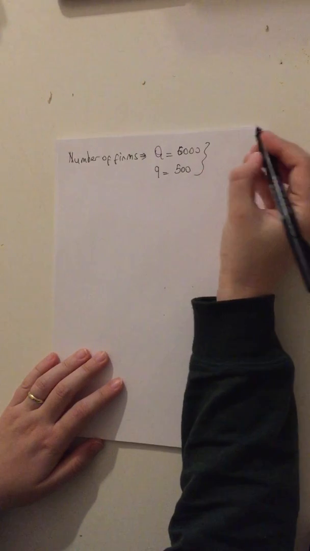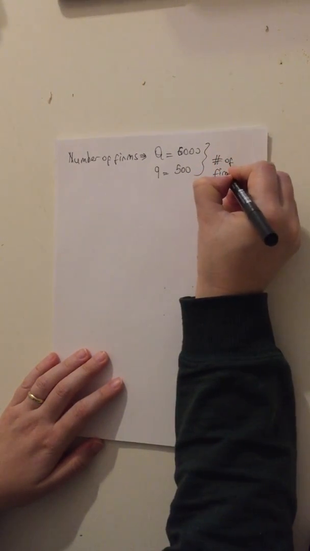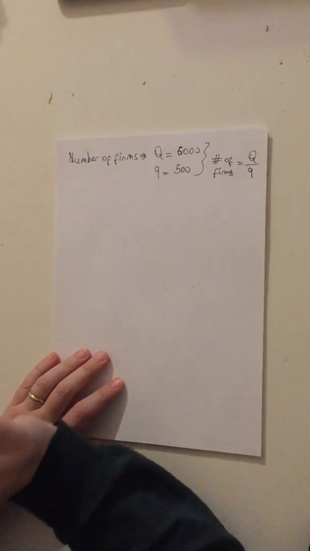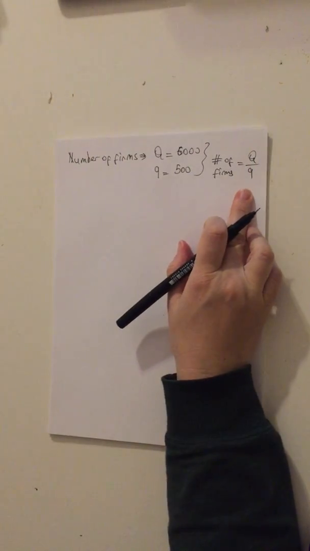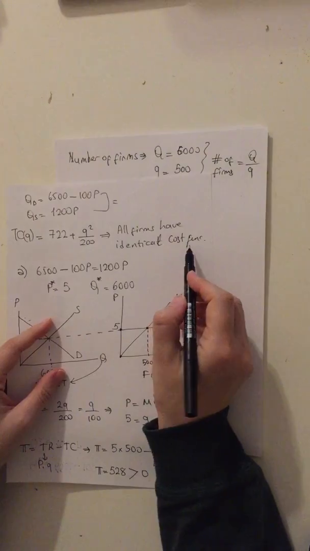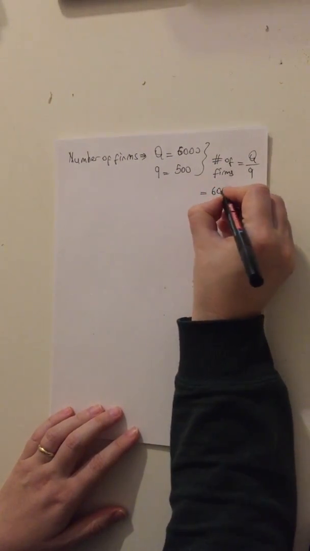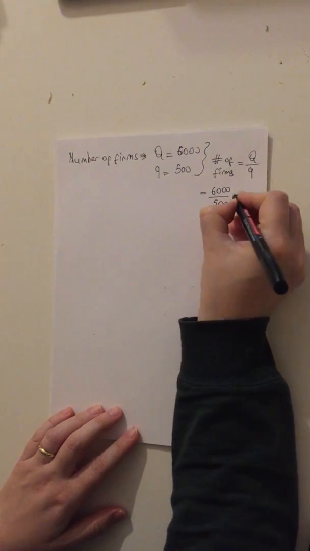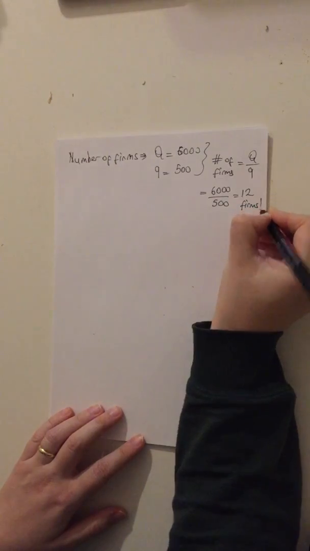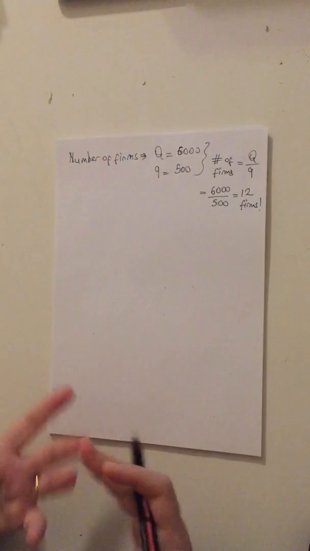The number of firms, let's say, is capital Q over small q. We are just calculating that number by assuming, please remember, all firms have the identical cost function. So it will be 6,000 over 500. So 12. There are only 12 firms in the market, but they are all price takers, so that is competitive conditions.